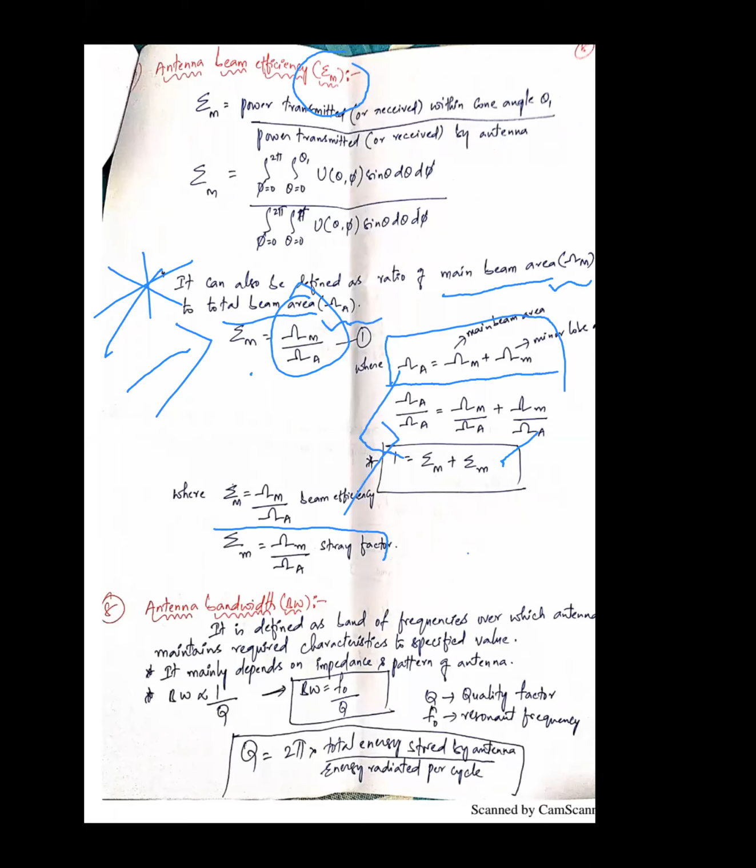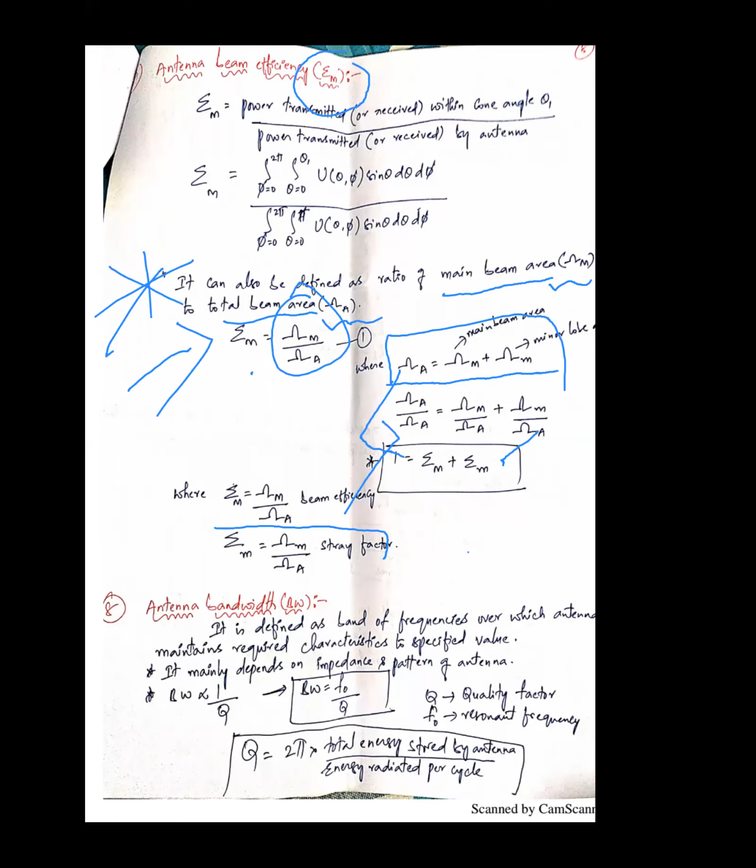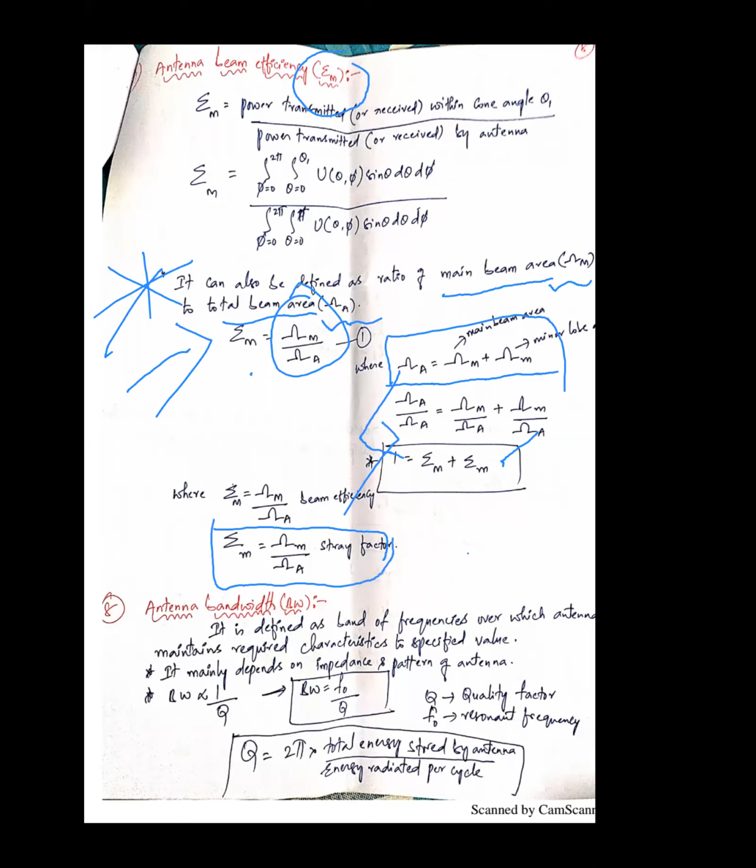Here you can see this. Epsilon suffix small m is equal to omega suffix small m by omega suffix A. This term is called as stray factor.